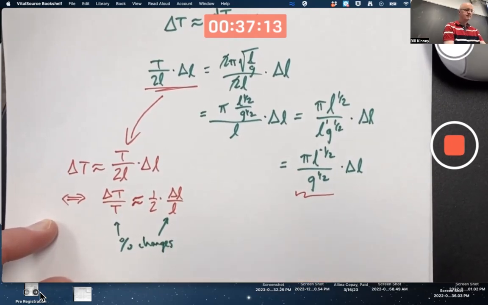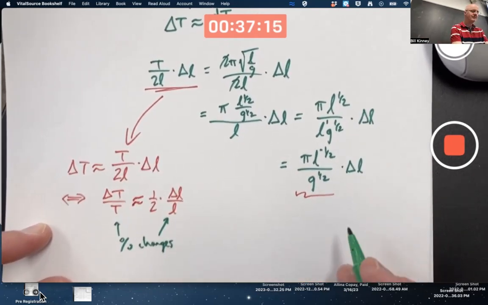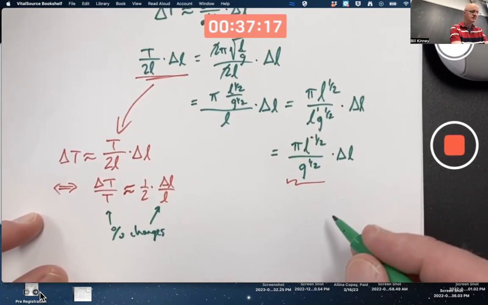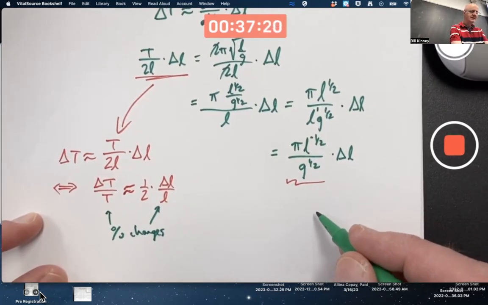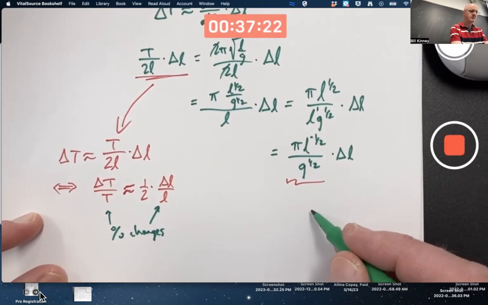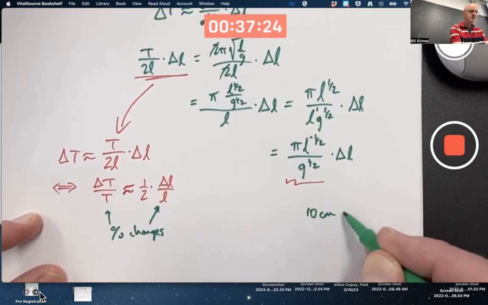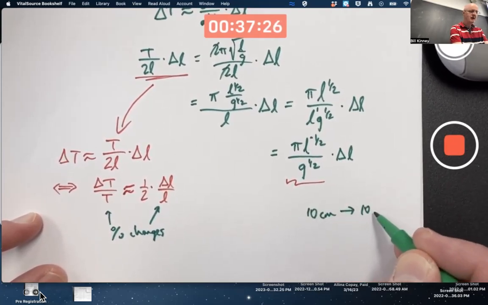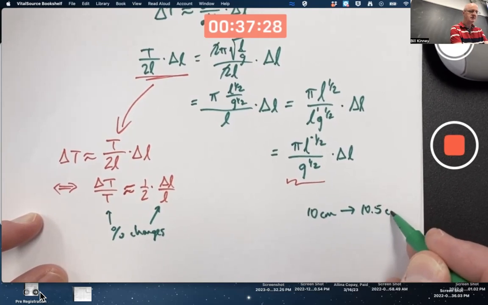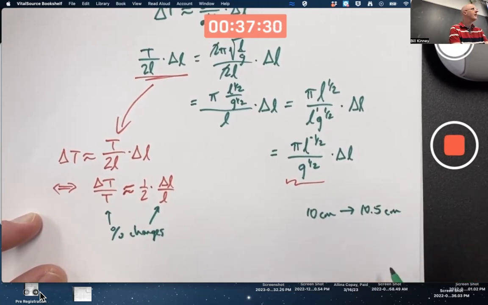Why? Well, let's think about a numerical example. If the length of the pendulum changes from 10 centimeters to, say, 10.5 centimeters, by what percent did the pendulum length increase? 0.5 divided by 10, right?